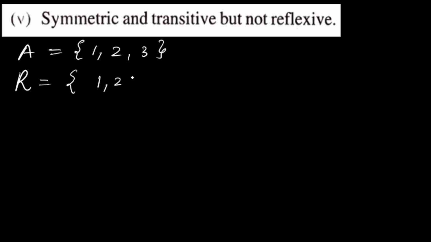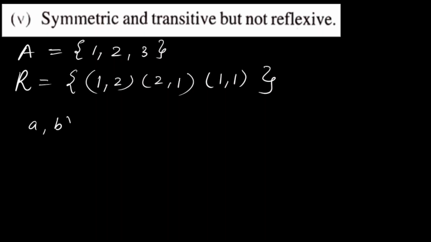So if I have (1, 2) and (2, 1), then I'll write (1, 1). These ordered pairs I've written because it should be symmetric and transitive but not reflexive. You can see here symmetric, I have all the elements.